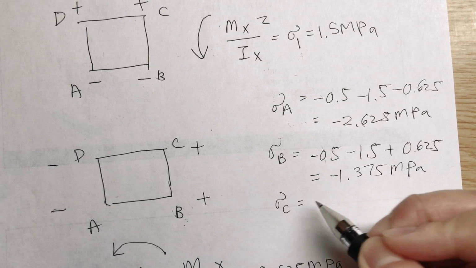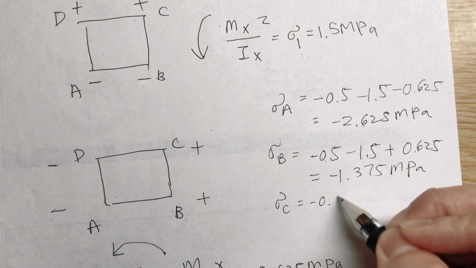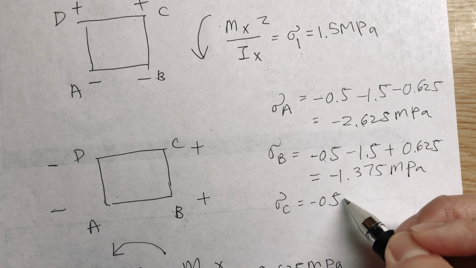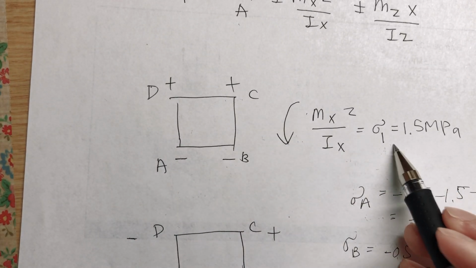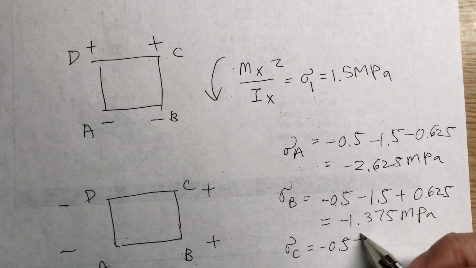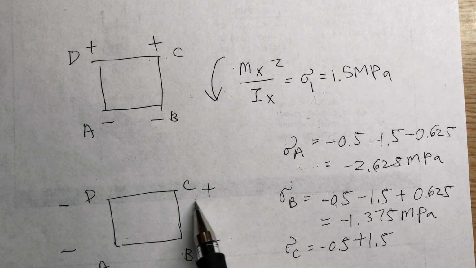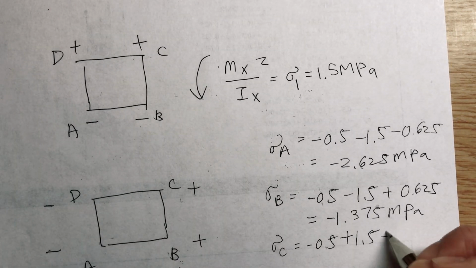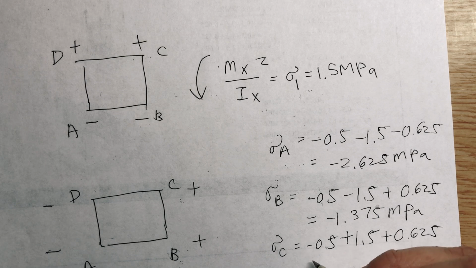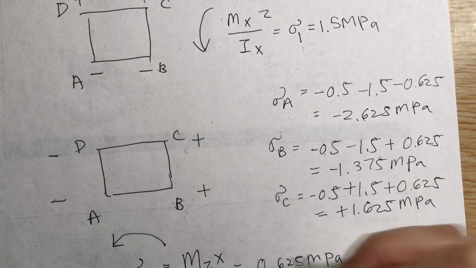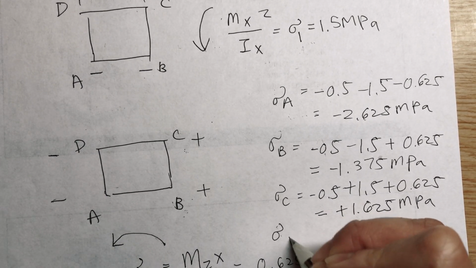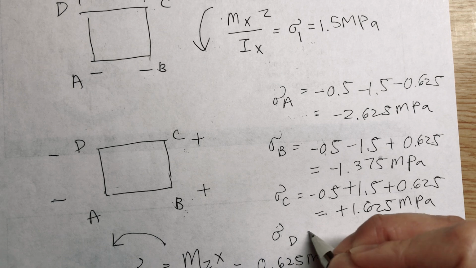Stress of C, stress of centric load is negative 0.5. C is positive stress 1, so positive 1.5. This is also positive, so positive 0.625 equals positive 1.625 megapascals.